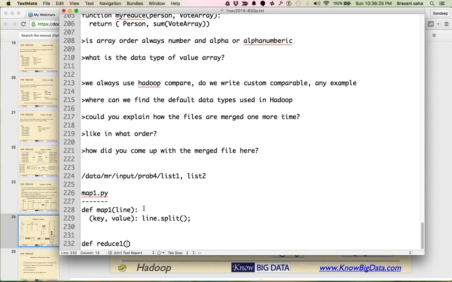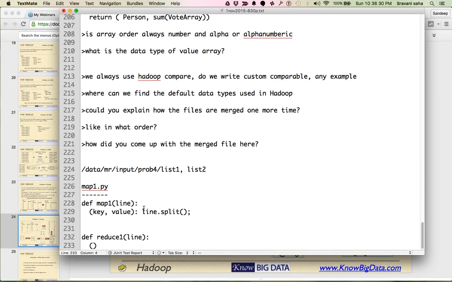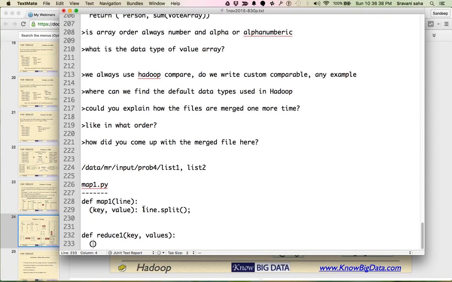Reduce one: we will get the line, and in reduce one we will get the key and the values. For this, in the first iteration, find worth in the values.